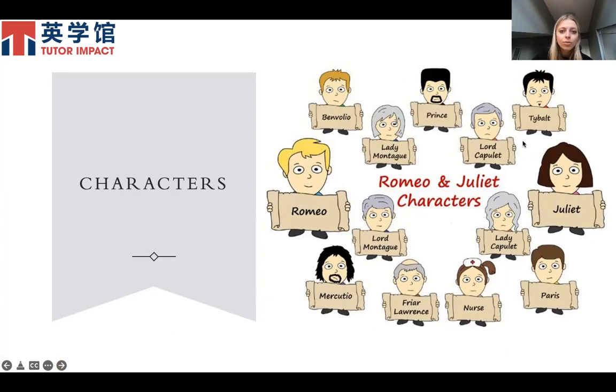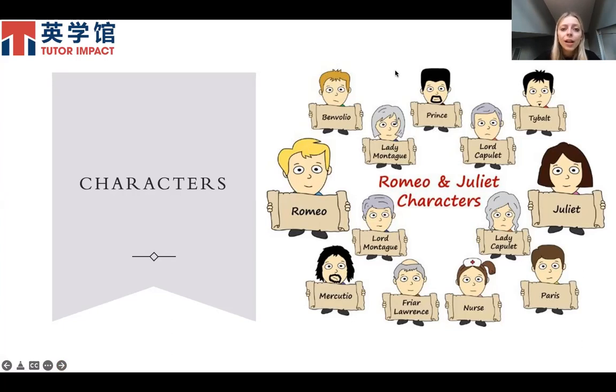So we have Tybalt, who is another member of the Capulet family. And there's also Paris, who is actually not a Capulet, but he's a sort of family friend of the Capulets. We have the prince, who is the Prince of Verona, who is part of the story in a more distant sense, but you'll see the role he plays, but he's not related to the families.